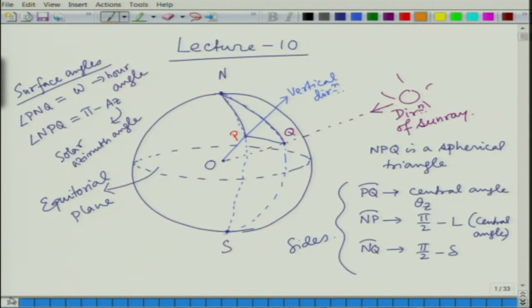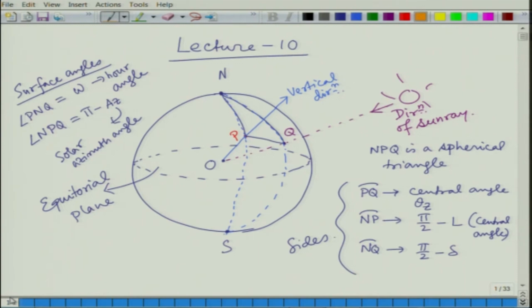Okay. Now, let me go back to this figure again. This is the spherical triangle that is giving us all these fantastic relationships. Here we have only considered the cosine law, the cosine rule.